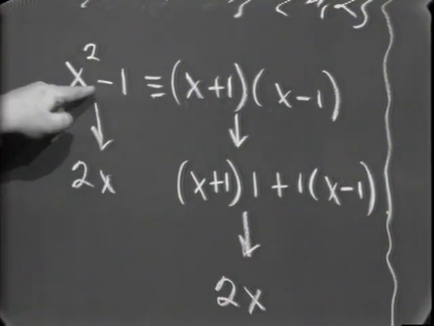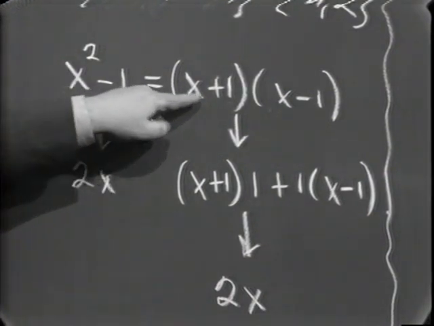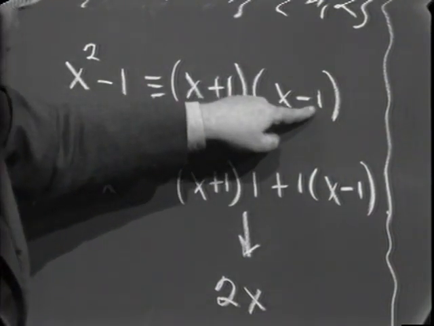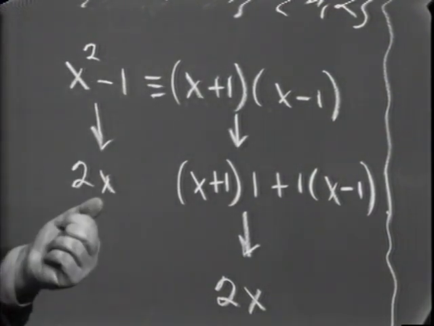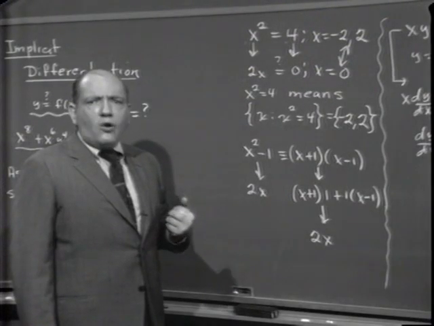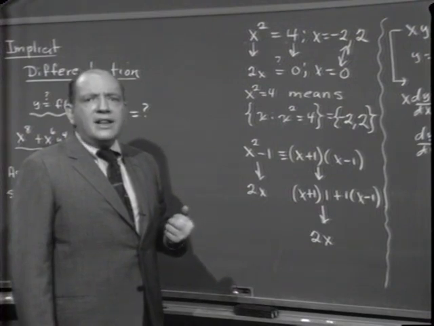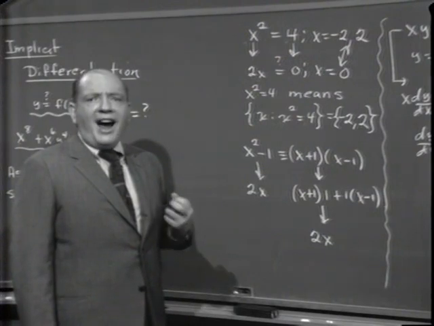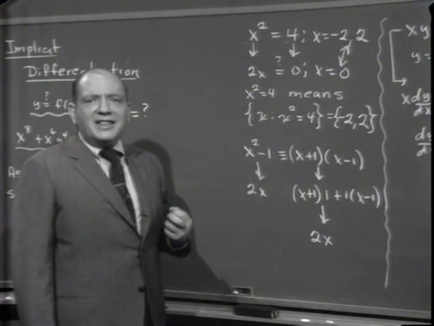Or another way of saying it is that if you were to subtract x plus 1 times x minus 1 from x squared minus 1, the result would be 0 independently of what the value of x was. In more colloquial terms, what we're saying is that x squared minus 1 and x plus 1 times x minus 1 are two different ways of saying the same thing.